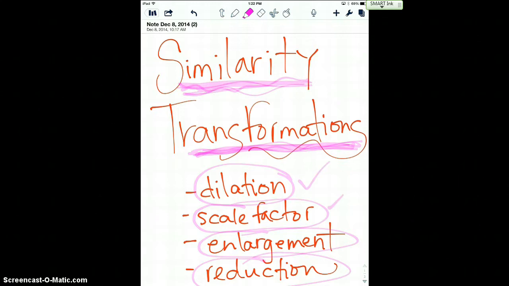So here are 4 items that I'd like you to have a little idea of before you come into class tomorrow. So to start with, dilation. What comes to my mind right away is when you go to the eye doctor, and sometimes they'll end up dilating your eyes.